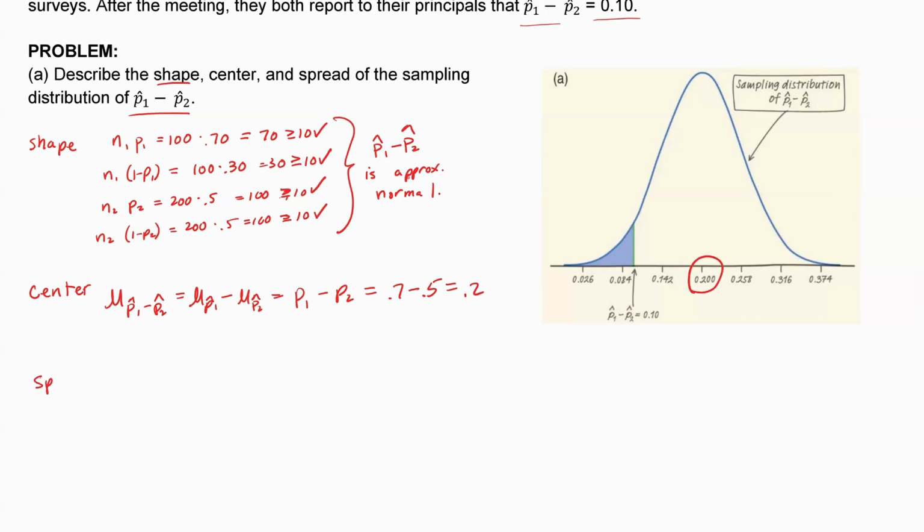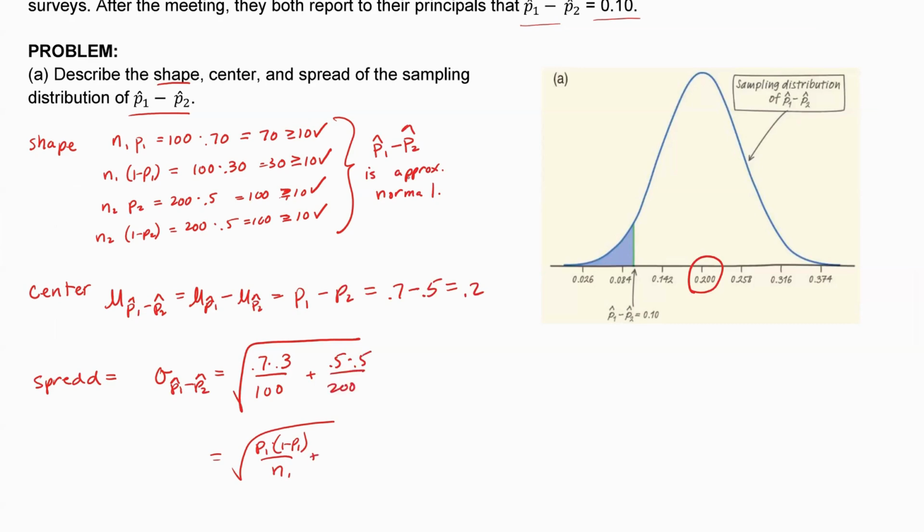And then what about the spread? Again, using the formula, the standard deviation of p hat 1 minus p hat 2 is equal to the square root of 0.7 times 0.3 over 100, that is, p1 times 1 minus p1 over n1, plus 0.5 times 0.5 over 200, which of course is p2 times 1 minus p2 over n2.